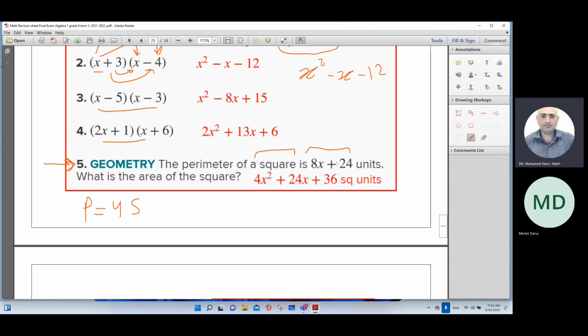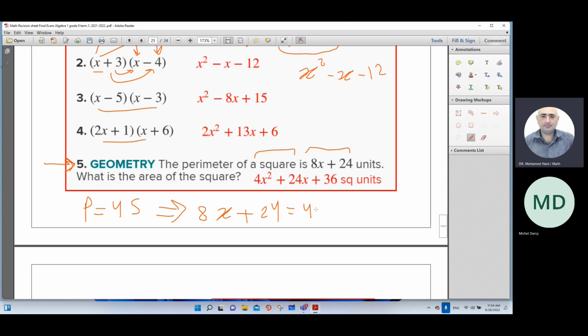And we know the perimeter. Substitute the value of the perimeter. The value of the perimeter will be 8x plus 24 equals 4 side.